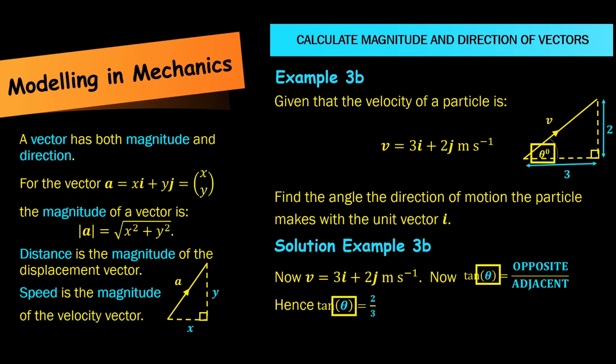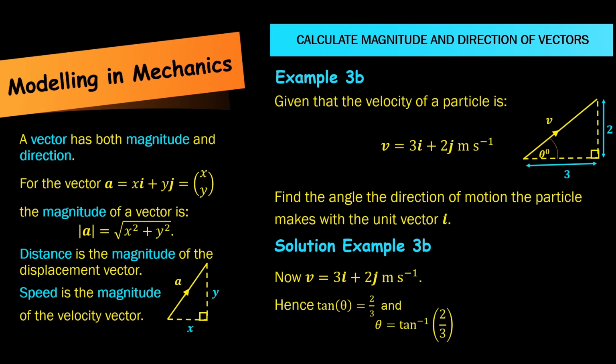So here's theta, here's the opposite, which is 2, and here's the adjacent side to theta, which is equal to 3. So we have that theta equals tan inverse 2 over 3, which equals 33.7 degrees.